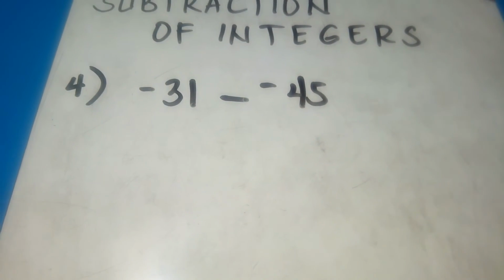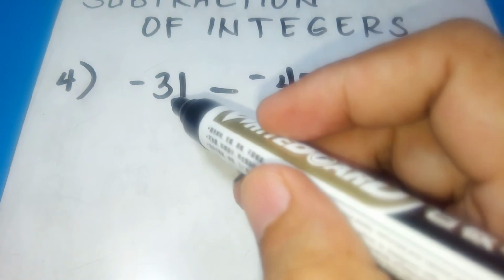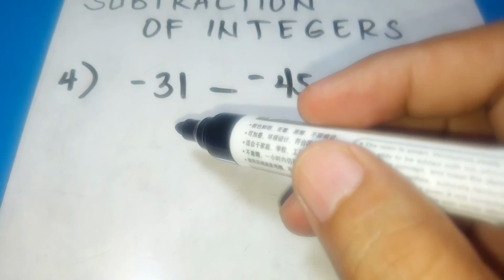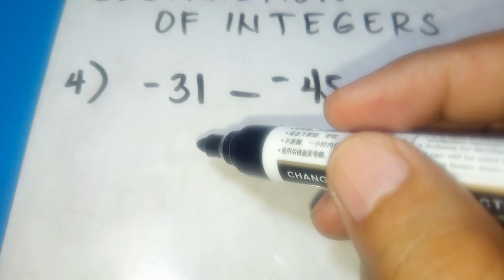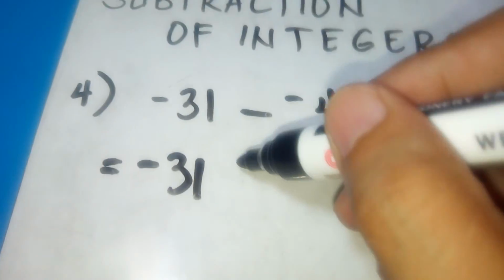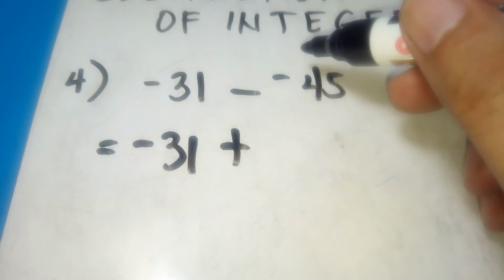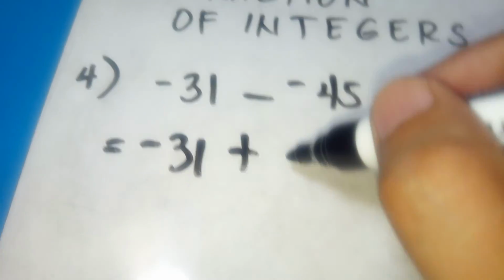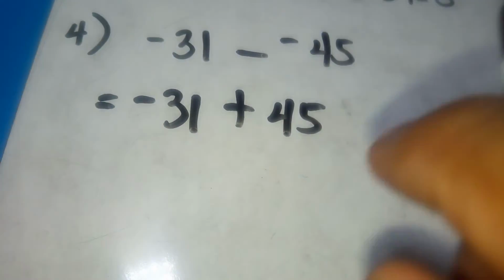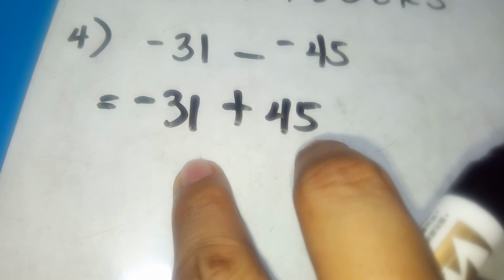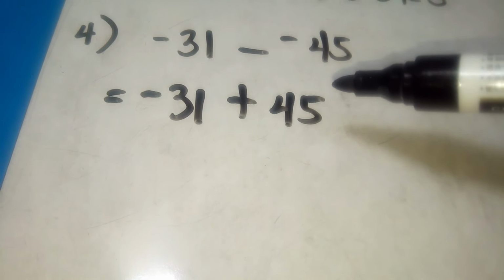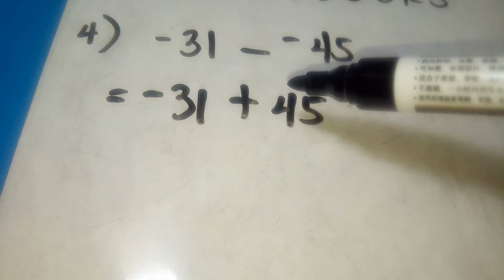How about this example? Negative 31 minus negative 45. Again, we apply CAO, wherein we copy negative 31, plus the opposite of negative 45, so that's positive 45. The two have different signs, so we take the difference of their absolute values.